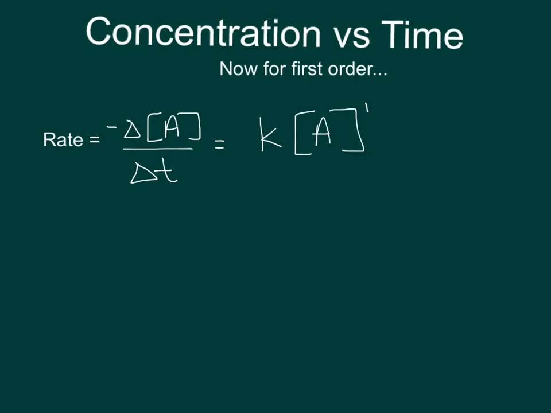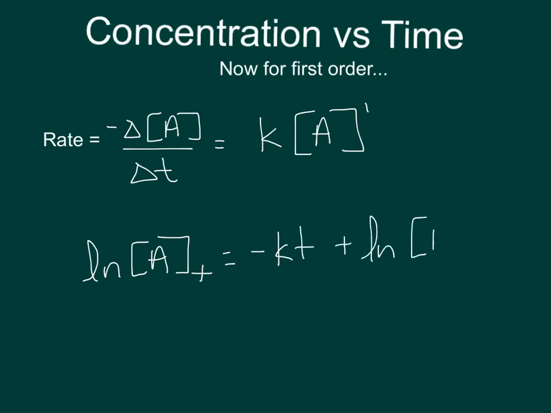When we rearrange this and integrate, we'll get the natural log of the concentration of A at time t is equal to negative kt plus the natural log of concentration at time 0. This would mean that if we were to get a first-order reaction and plot the natural logarithm of concentration versus time, we should get a linear relationship, and the slope of that line should be the negative of the rate constant, k.